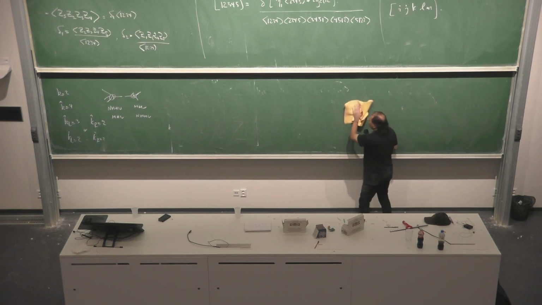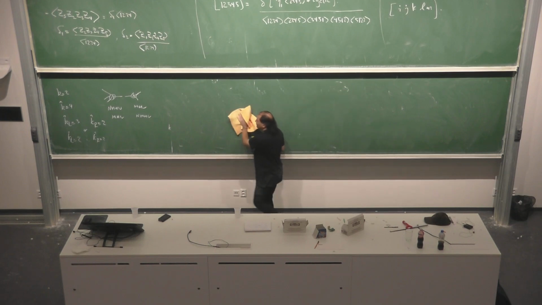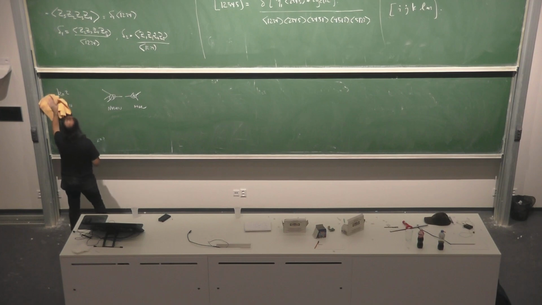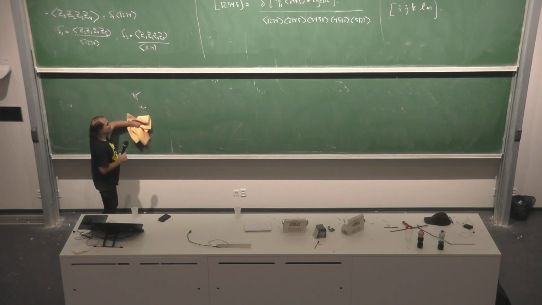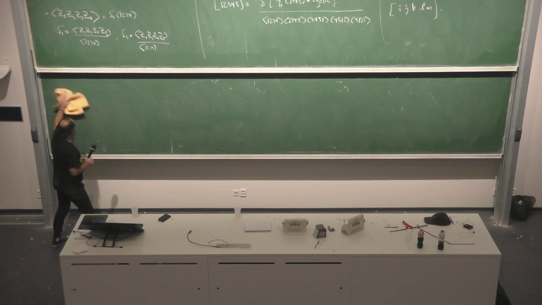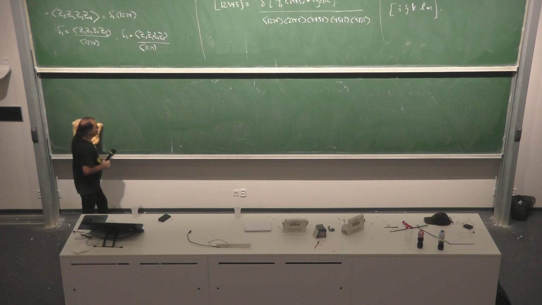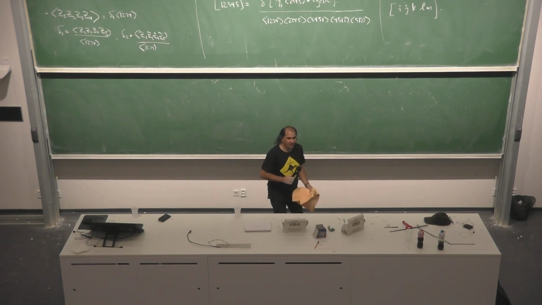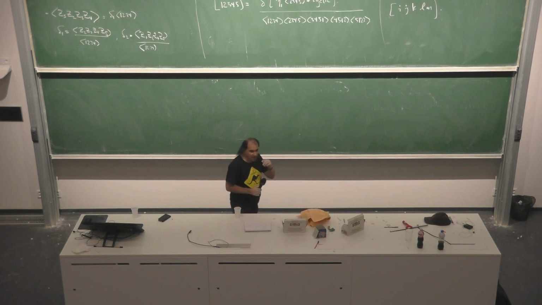I don't know if Jake talked about the loop level BCFW recursion. It's just an example of how on-shell things determine the loop integrand. But I just want to emphasize, this has nothing to do with loops. You would make this complaint already at tree level.